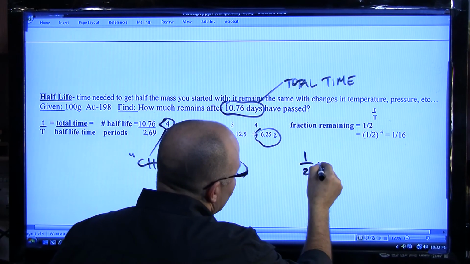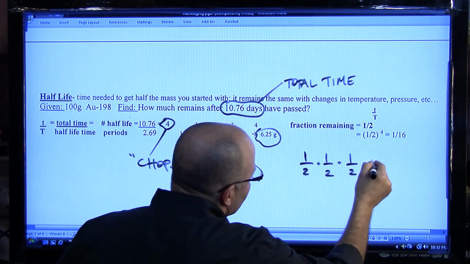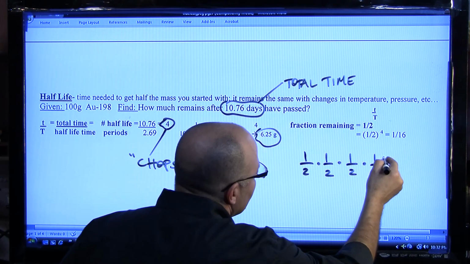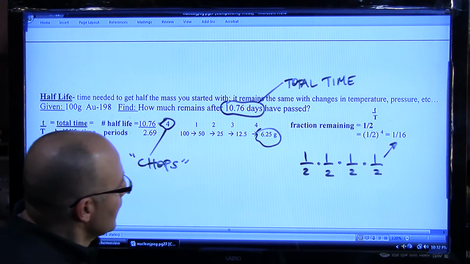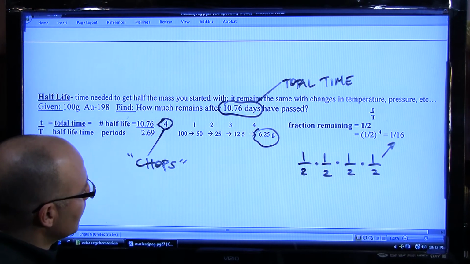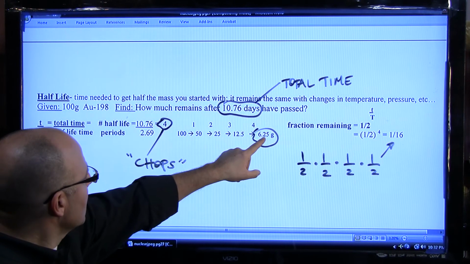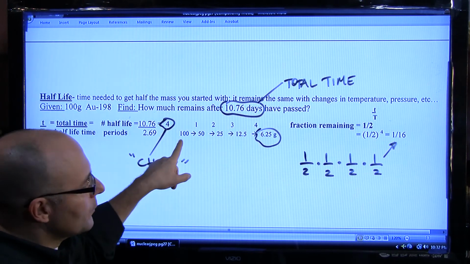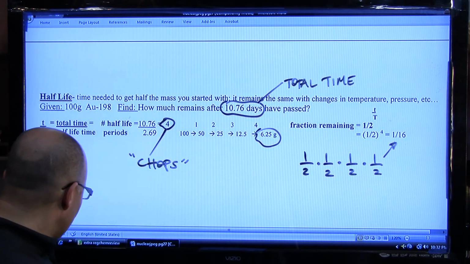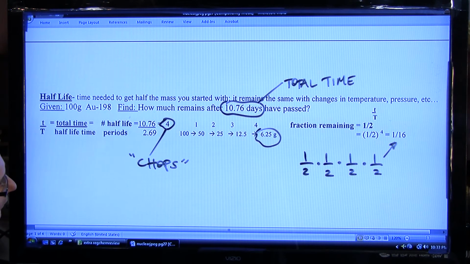It would be 1/2 times 1/2 times 1/2 times 1/2, and that gives you 1/16. So that's another way of being asked this kind of problem, which really what we're saying is 6.25 grams is 1/16 of 100 grams.